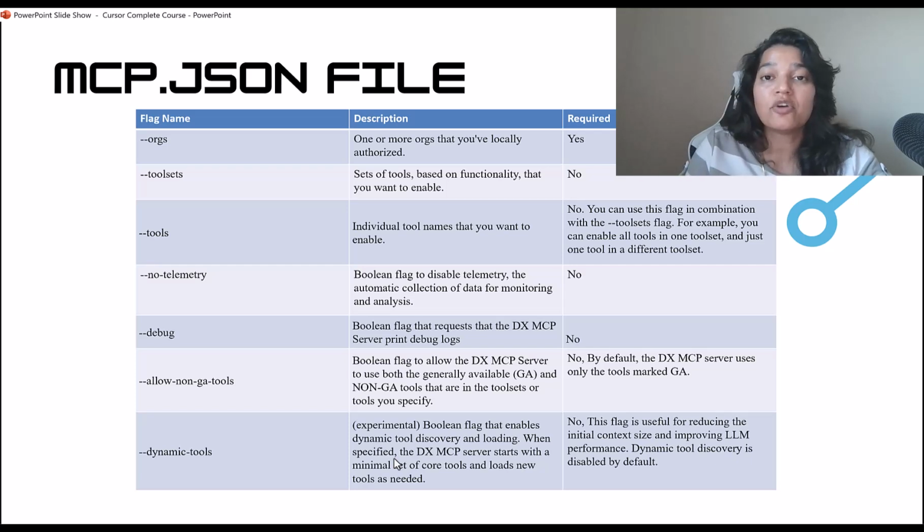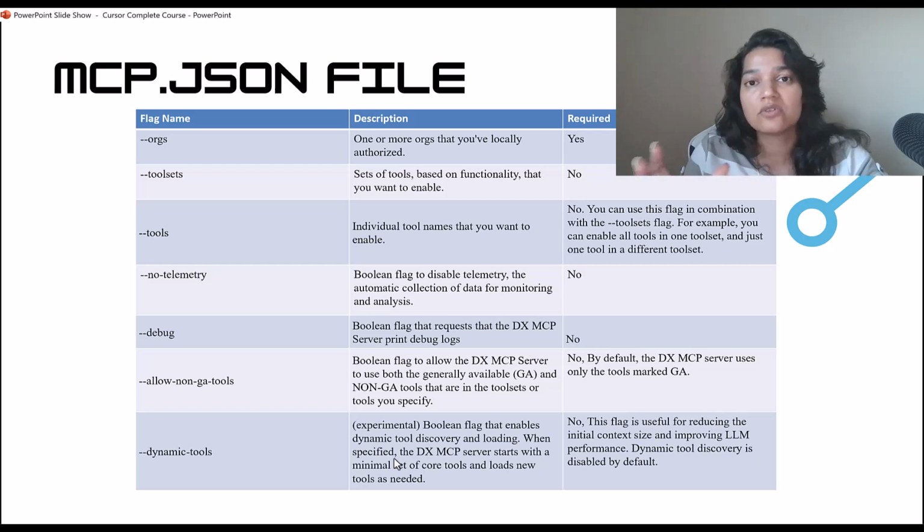If you provide, look into this file, look into this tool, use everything, you are increasing the context size. The more context size, the more tokens will be used, and the more tokens used, the more money you are going to pay. So you have to be cautious about how you write your prompt and what you provide in context. This flag is useful for reducing the initial context size and improving the LLM performance. Dynamic tool discovery is disabled by default, but you can enable it by setting this flag to true.